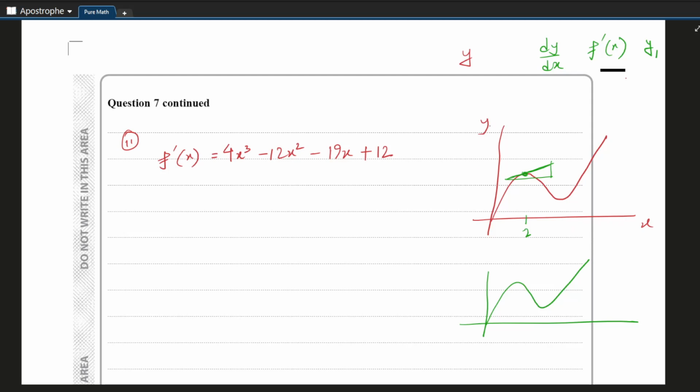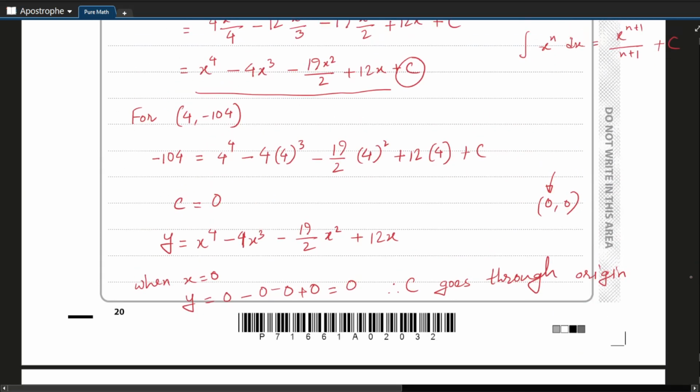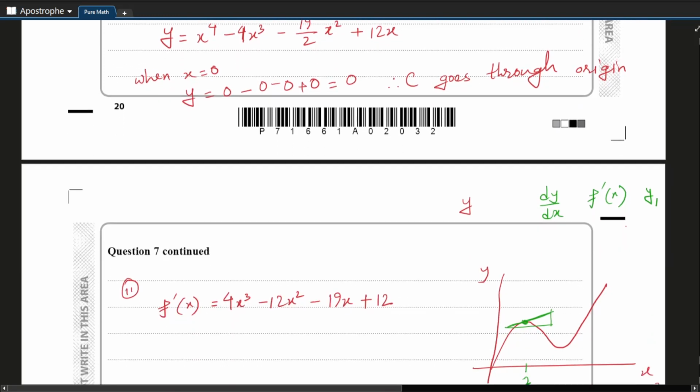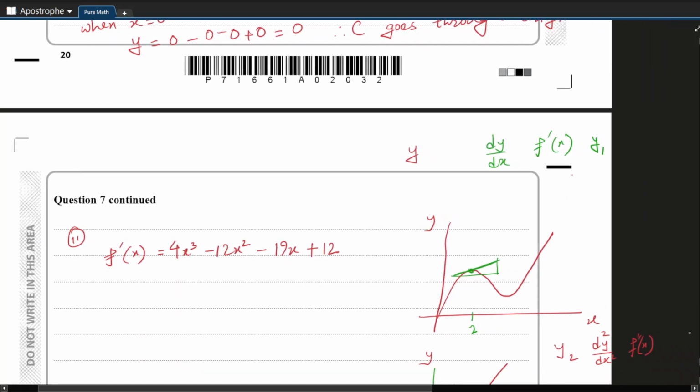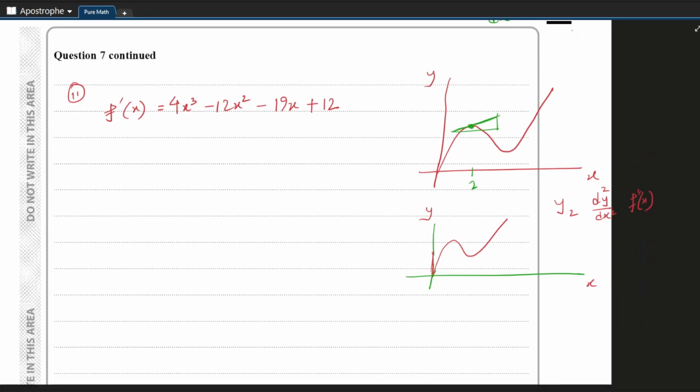Now, when we are calculating y2 or d squared y by dx squared or f double prime of x, we are saying: what is the rate of change of dy by dx, not y, but dy by dx, when we change the value of x?